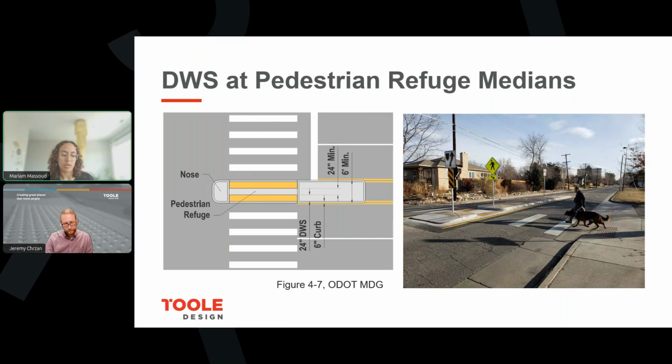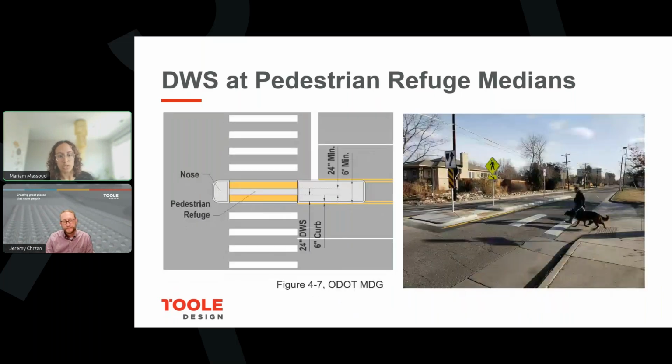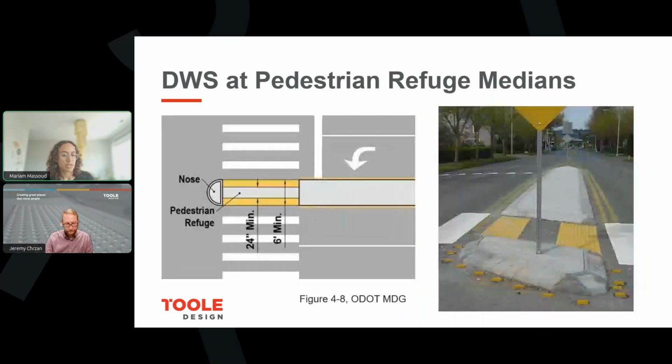So a median has to be at least 6 feet for it to be a refuge and for you to install the detectable warnings. This next slide shows a median that is exactly 6 feet wide. And so in this case, to achieve that 2-foot separation between the warnings, they end up being installed at the face of curb rather than the back of curb.